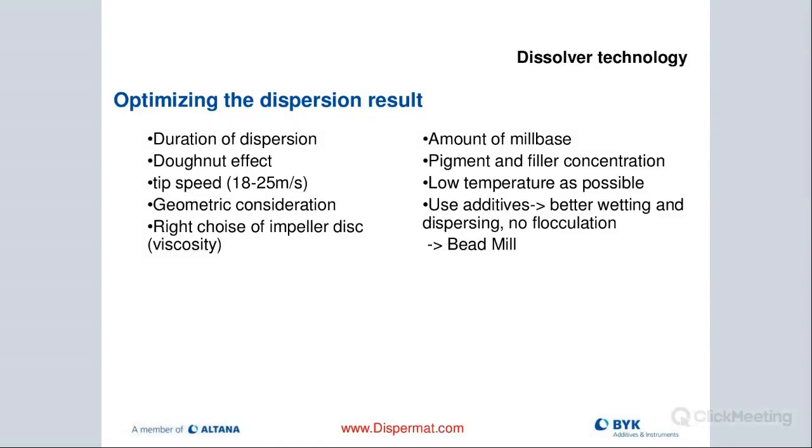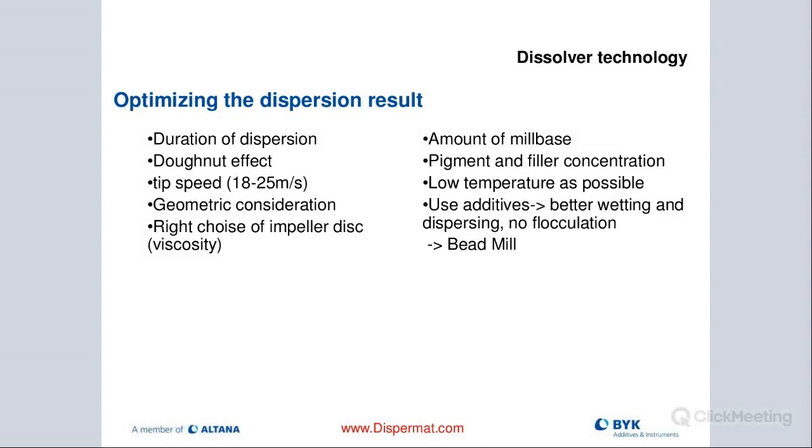Then again, the amount of product in my container, the rule of thumb is about 50% up to 70%. We don't want to go higher or we're going to spill the product. So about 50 to 70% is the rule of thumb. Obviously, our pigment and filler concentration plays a big part in it. We want to keep the temperature as low as possible.